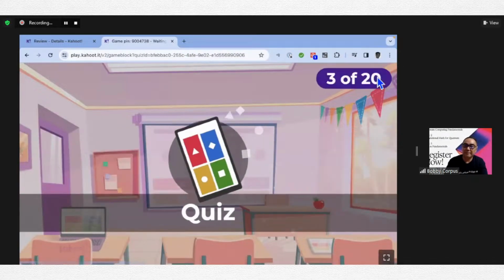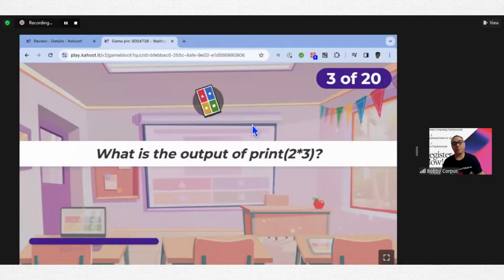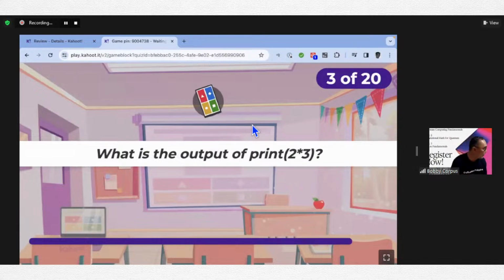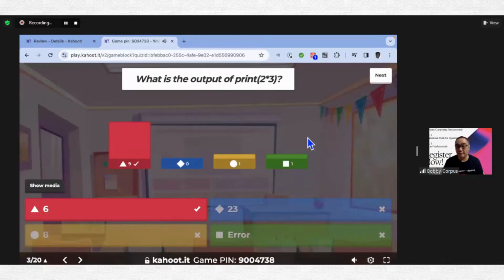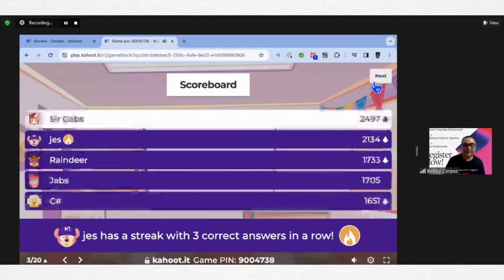Okay. Number 3, what is the output of print 2 times 3? Okay, mostly got it. Okay, Sir Gabs na yung leader ngayon.